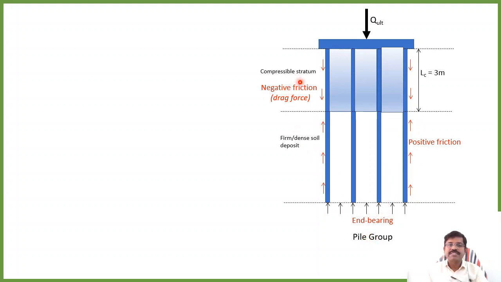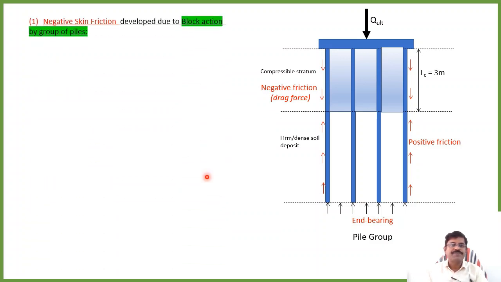So you can see here in this 3 meter compressible layer there is a downward drag, and in the firm or dense soil deposit there is a positive frictional force. There is negative skin friction force as well as positive skin friction also. So now let us calculate one by one how this problem can be solved.